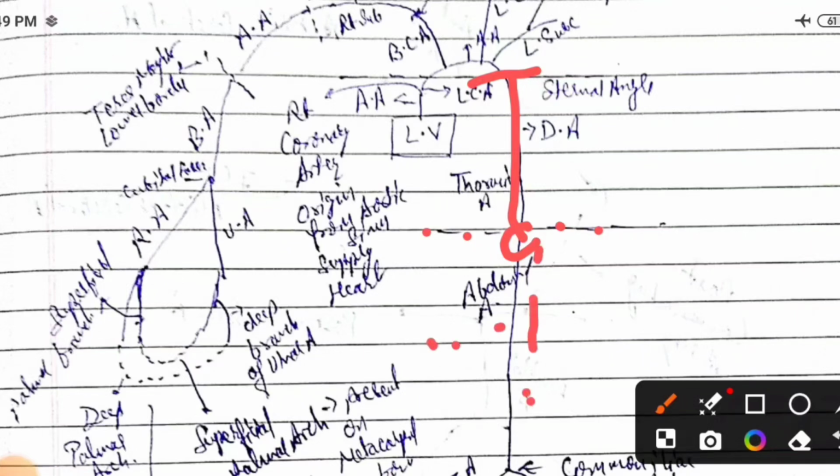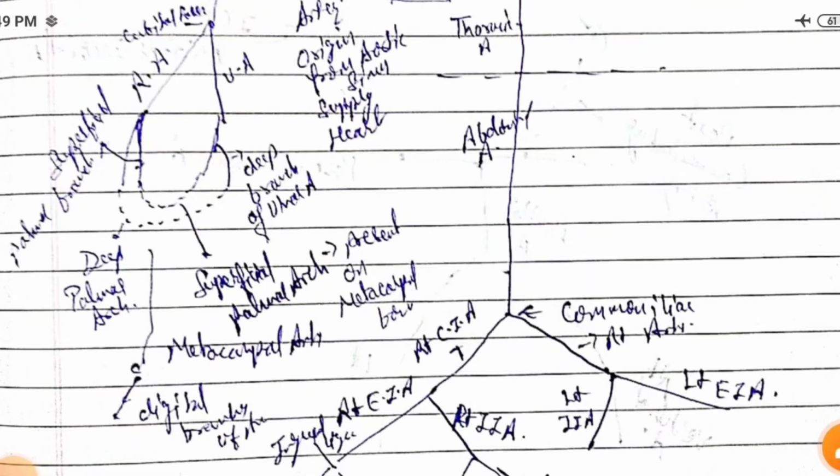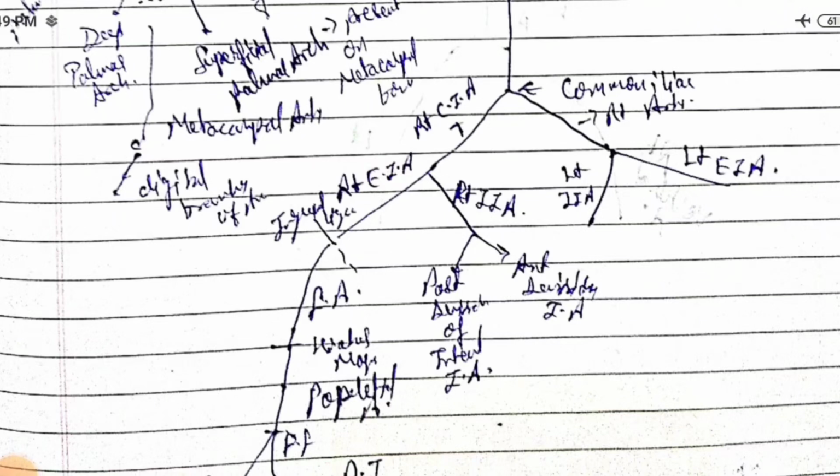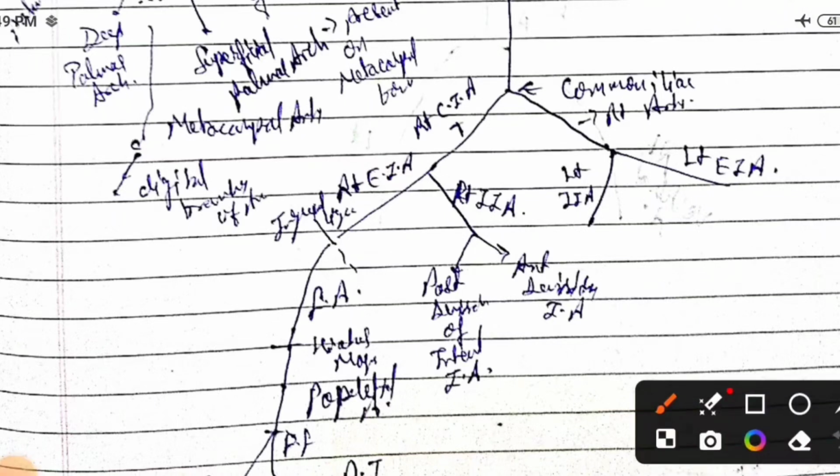The abdominal aorta has multiple branches like the celiac trunk, superior mesenteric artery, inferior mesenteric artery, renal arteries and gonadal arteries. I'm going to explain these in an individual part. Let's move downward. The terminal branches of the abdominal aorta are the right and left common iliac arteries.